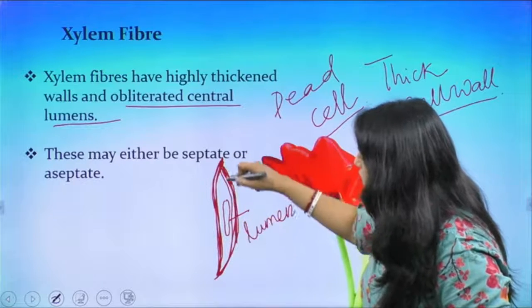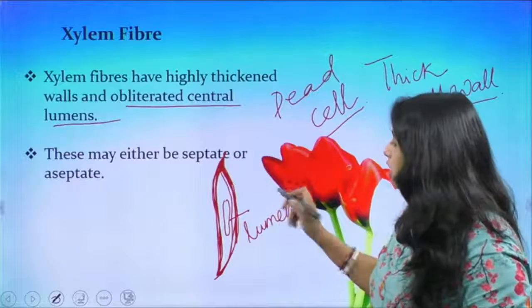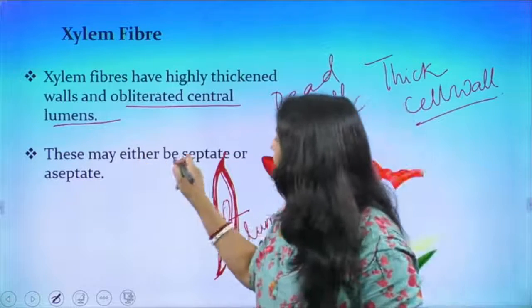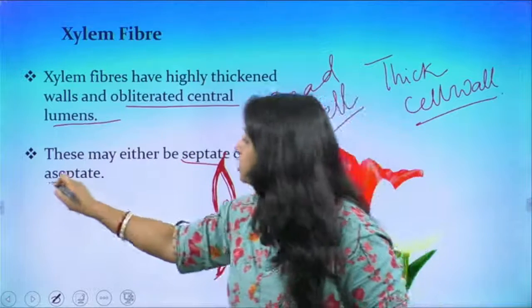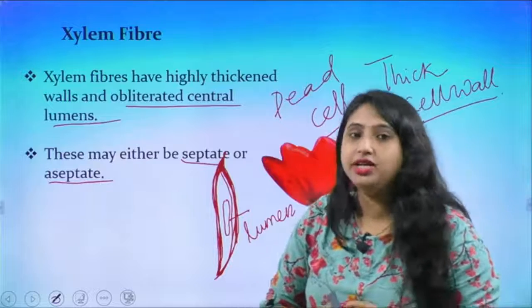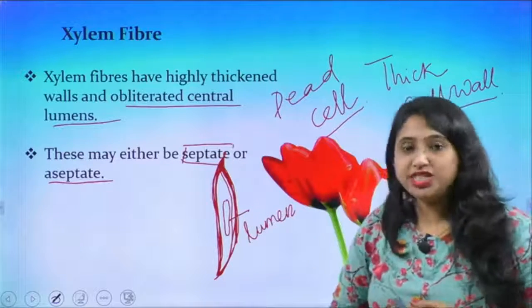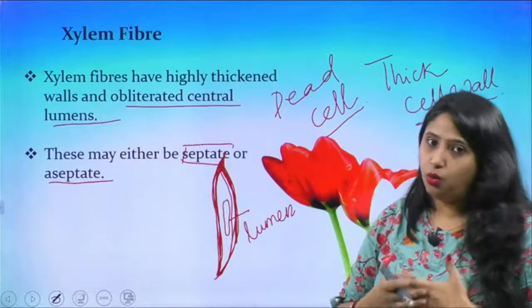They are thick and lignified, and they may be either septate or aseptate. Septate means they are separated. Aseptate means they are not separated by walls.